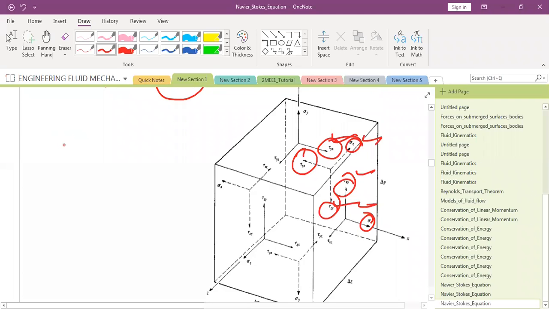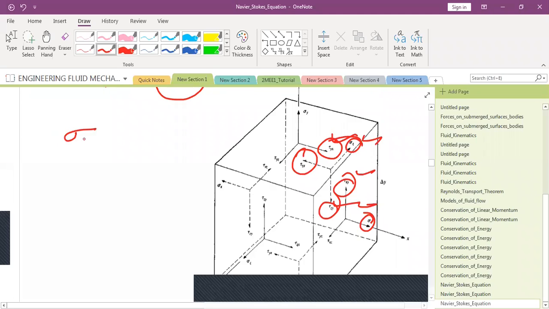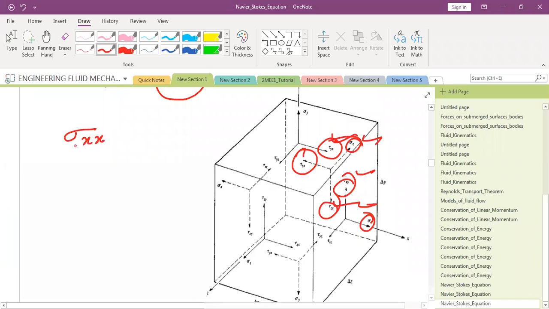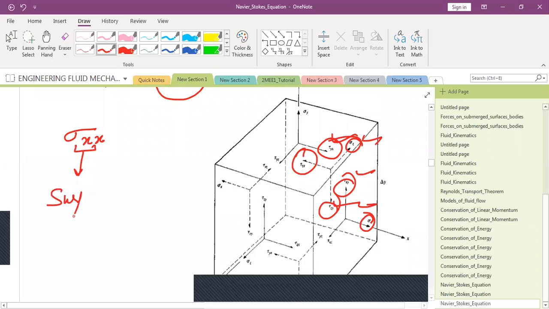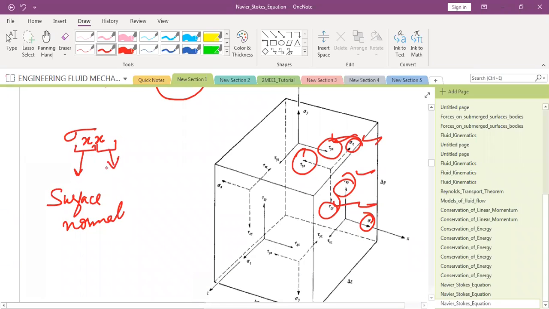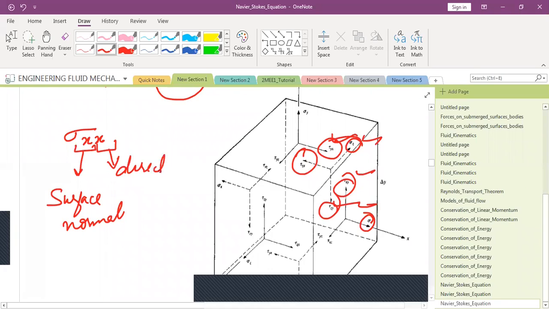I'm pointing out here, that if this is sigma xx, then the first subscript depicts the surface normal as you are doing in your solid structures, because in fluid mechanics textbooks also the majority of them mention this kind of nomenclature, only a few textbooks mention the other. So I will go with the popular sentiment. And the second is the direction of the stress itself.